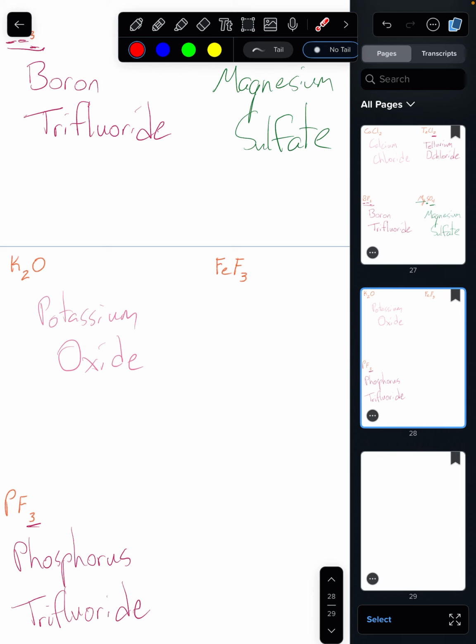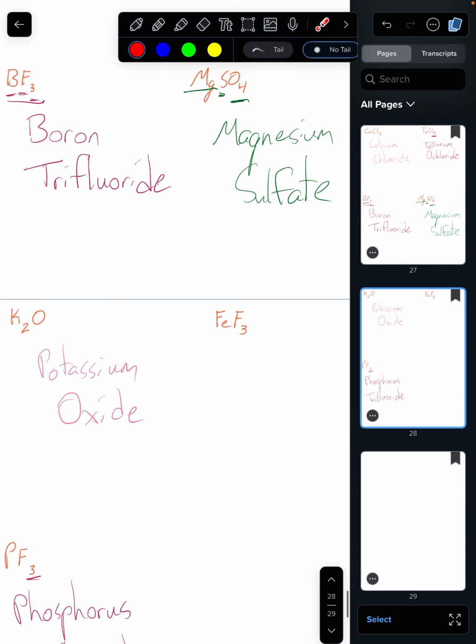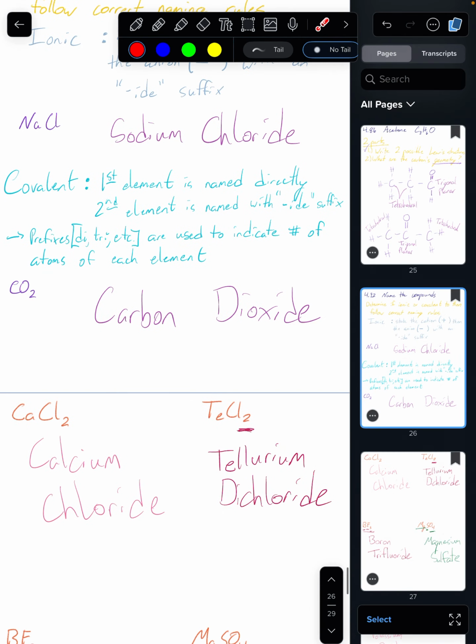This one's a little trickier. We have our iron, we have our fluoride. However, it's not the fluoride that's connected to all of them. It's the iron that has a connection to each of the three. And it's a really weird rule that comes from the covalent kind of concept.